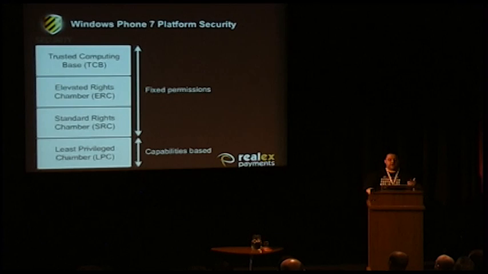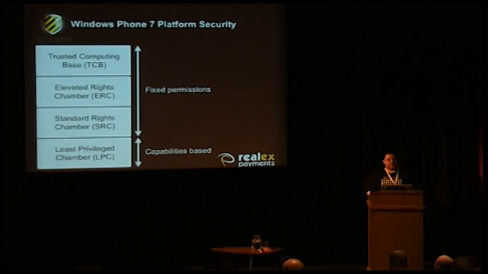So you have these 4 chambers, the trusted computing base at the top. That's where your kernel, everything security sensitive is going to run, which is obviously the place where, depending on which side of the fence you are, the place you want to keep secure or the place you want to get your code running. Because if you get your code running in there, you can literally do whatever you want, even modify the security policy on the device.